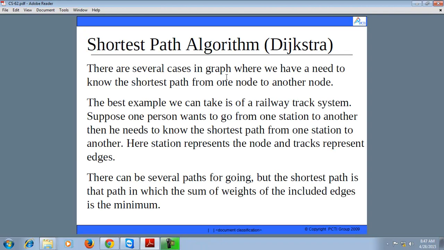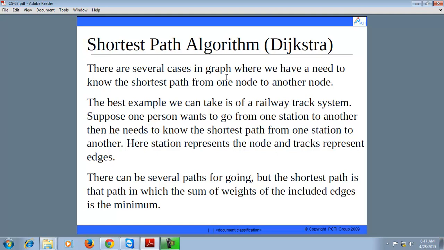Next is the shortest path algorithm, that is Dijkstra's algorithm. Now, there are several cases in graphs where there is a need to know the shortest path from one node to another node. For example, we can take the example of a railway track system.